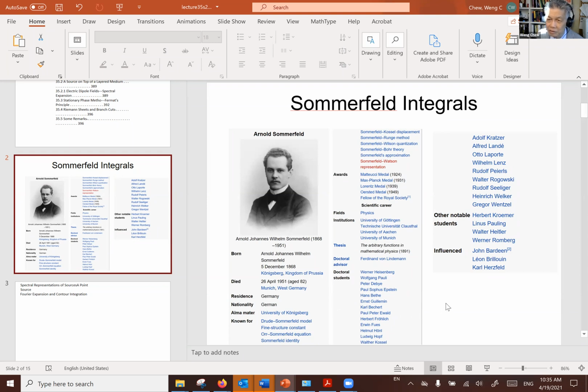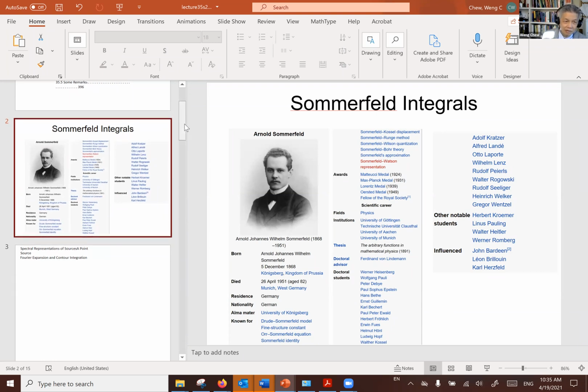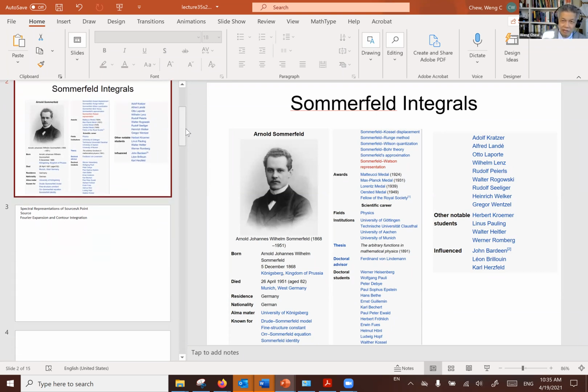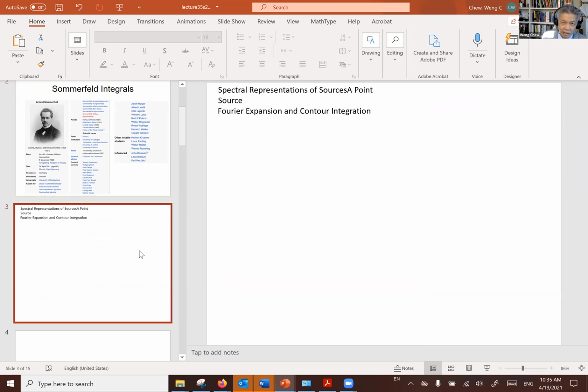I don't remember which 4 now. But anyhow, he's a remarkable gentleman. He solved this problem around 1909, and hence many of the integrals that you encounter in this knowledge are related to him or given his name. So we'll start by studying the spectral representation of a source.